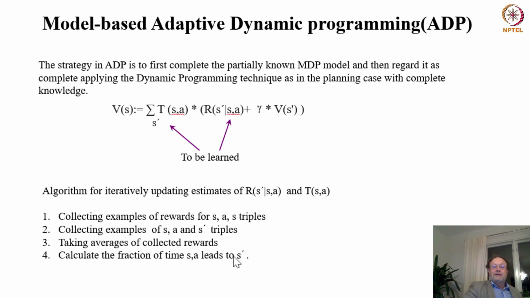So it's basically making a lot of observations of these kinds of triples, and then making some statistics based on that. Then you in a way define these two functions based on that material.